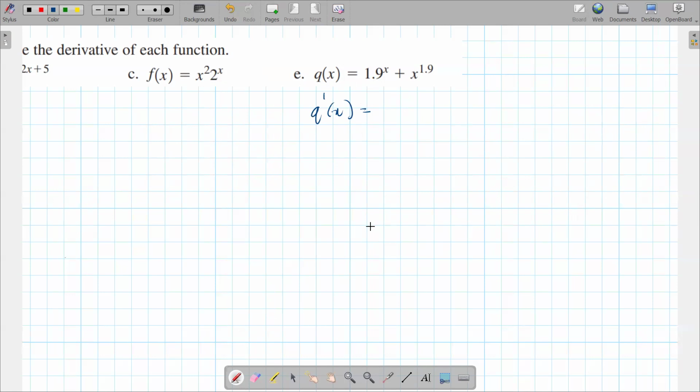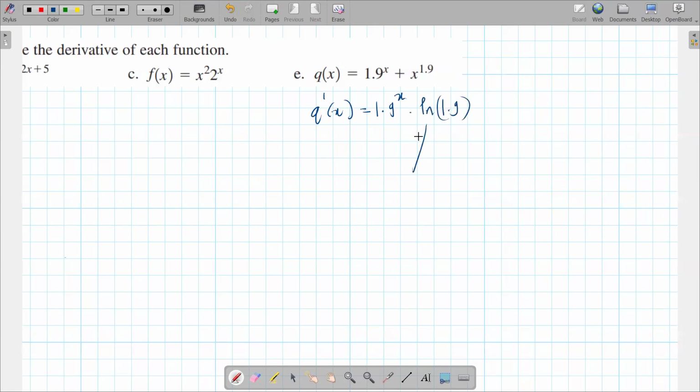So what's the answer? So again, itself times what? ln of 1.9. Right.